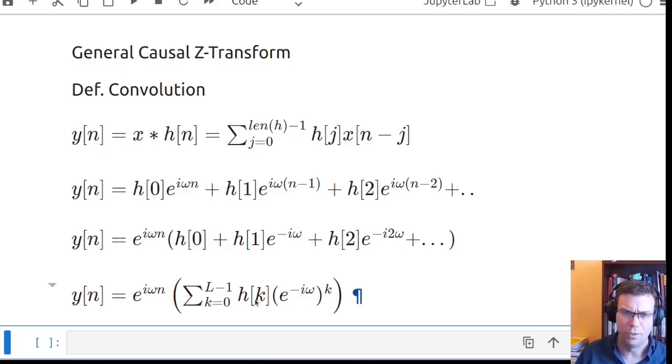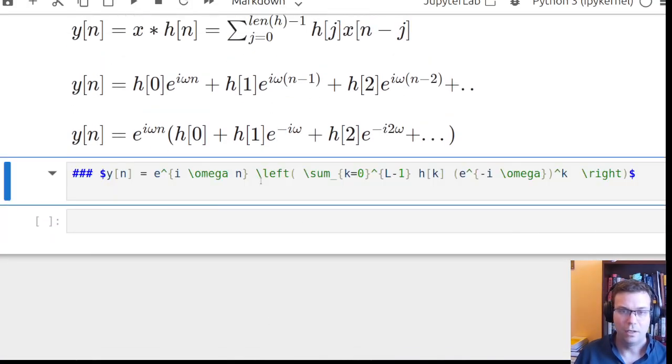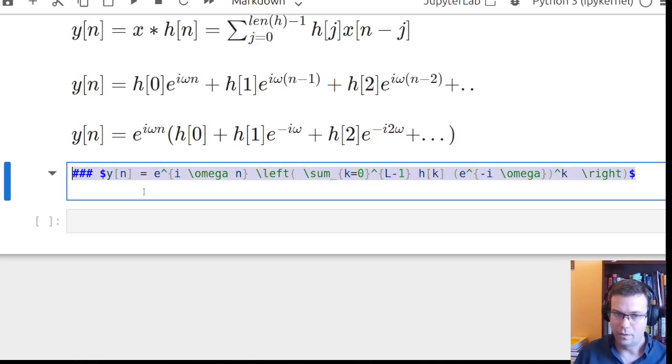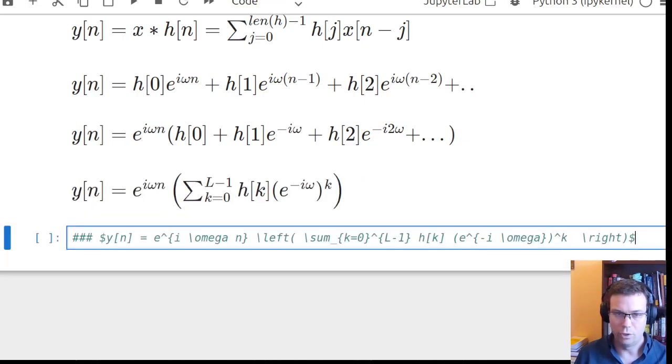And just to check, when k is 0, this is just going to be h of 0 times some number to the 0 power, which is 1. So it's just h of 0 plus h of 1, that's e to the negative I omega, plus h of 2, my rules of exponents, that's e to the negative I 2 omega, etc. And actually, in general, people write this in an even more general form, where you would say, maybe it's not e to the I omega that I'm looking at in this part.